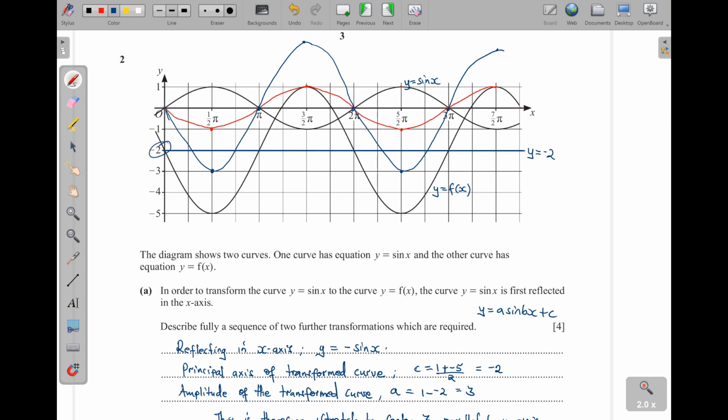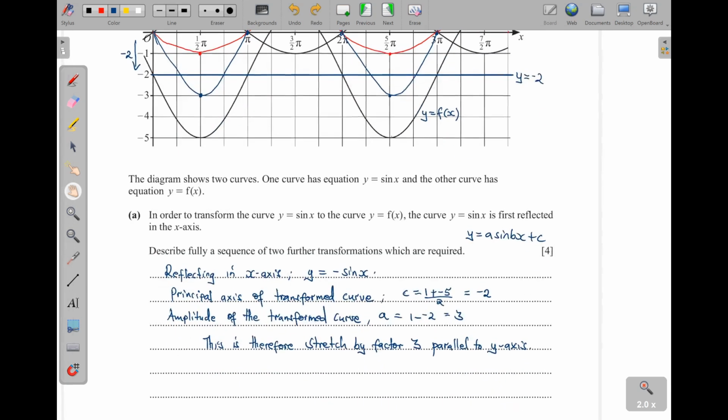Then we are seeing negative 2 here. So that means it was moved down by 2 units. So minus 2, each y coordinate minus 2. This is a 3 here. Then minus 2, you will get that one. 3 minus 2, you get that one. You see that?